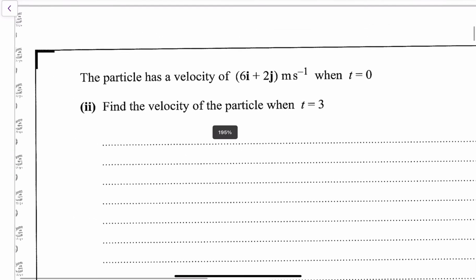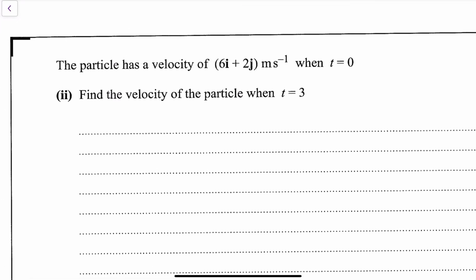Next one says the particle has a velocity of 6i plus 2j when t is equal to 0. Find the velocity of the particle when t is equal to 3. Right, first thing we've got to do is get the equation for your velocity, and you get velocity by integrating your a with respect to time.